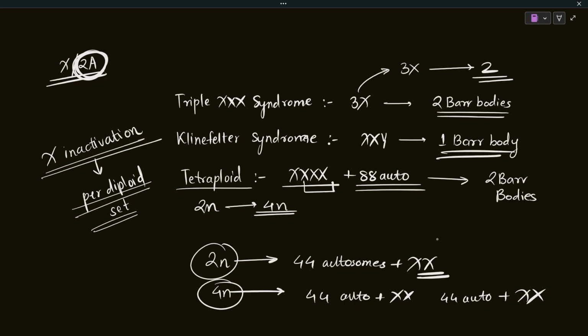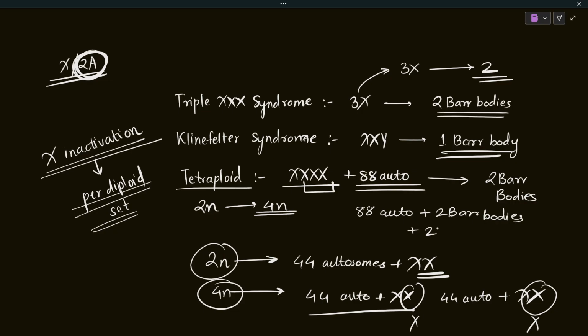Okay, so I hope it is clear why, because from this state only one X will be inactivated, and from this state one X will be inactivated. So the final composition will be something like that: 88 autosomes plus two bar bodies, and obviously two X chromosomes. So this is how we can identify how many bar bodies will be present in a certain individual and what the genotype of that individual will be.